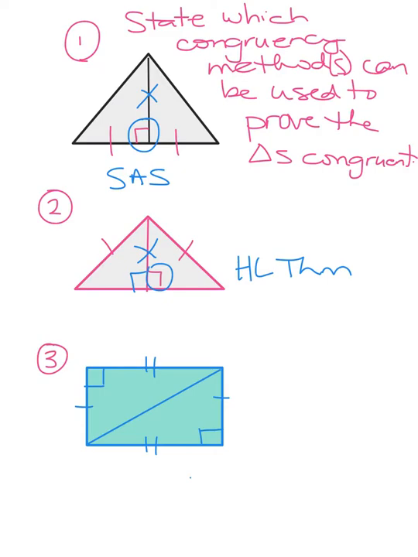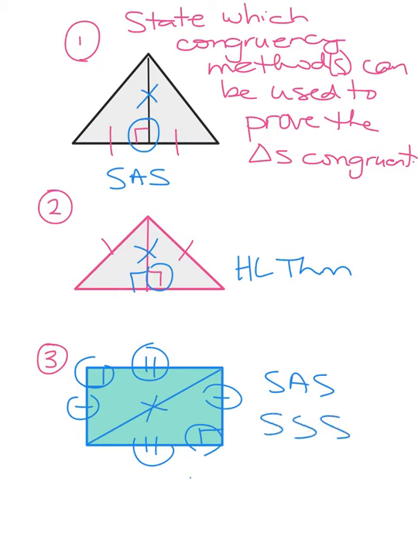And the last one, number three, there's a variety of ways I can get congruency on this one. If I just look at the markings, I have side, angle, side in both cases. I also notice that I have that reflexive piece, so that could also give me side, side, side, because that would show that all three sides of one triangle are congruent to all three sides of another triangle.